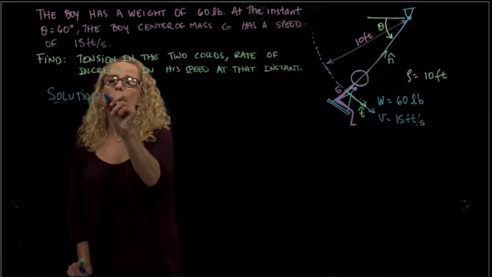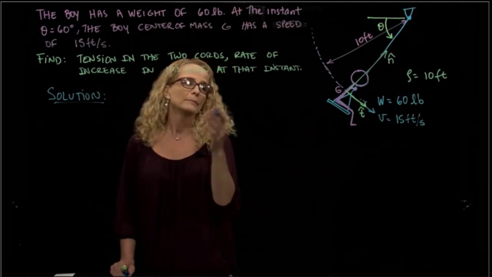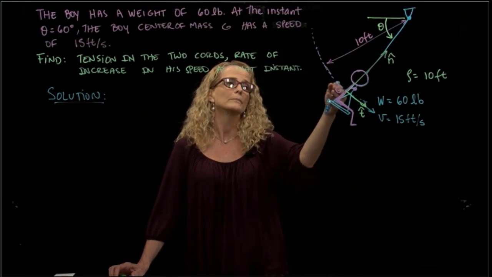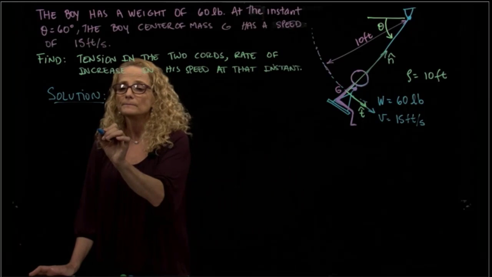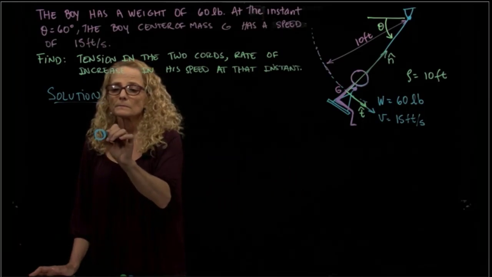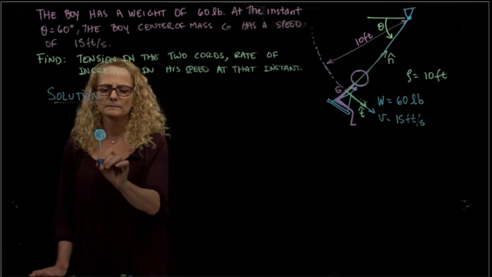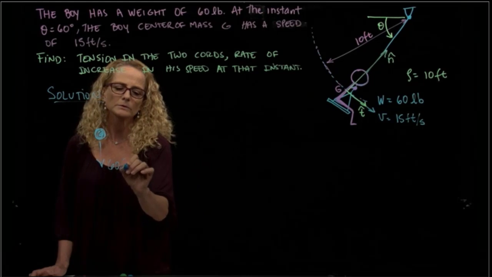First of all, we have to draw our free body diagram of our boy. Instead of drawing the whole boy, I'm going to draw a particle only for the center of gravity. This is the weight of the boy, which is 60 pounds.